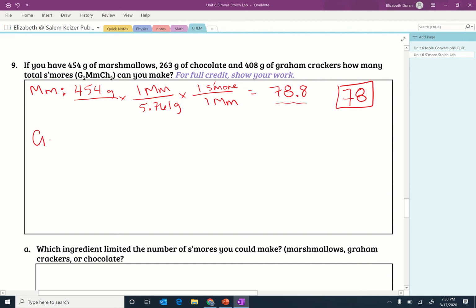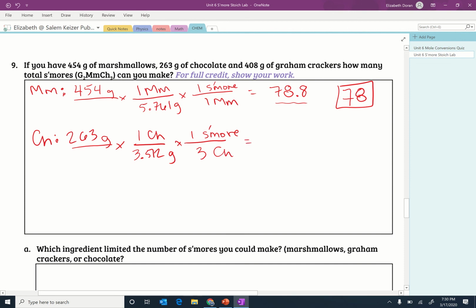Okay, let's move on to the chocolate. For the chocolate, we start with 263 grams of chocolate. Okay, we know that every 1 chocolate piece has a mass of 3.512 grams. Okay, and every 1 s'more has 3 chocolates.